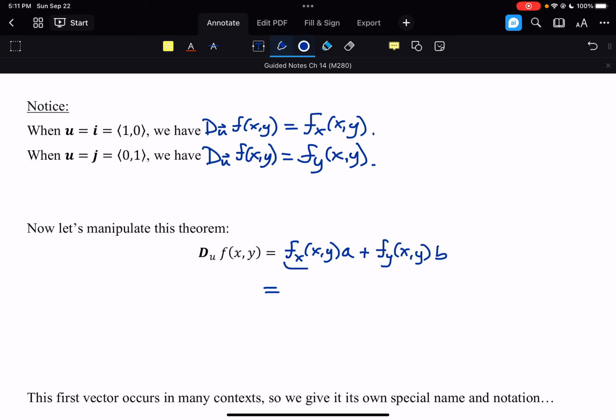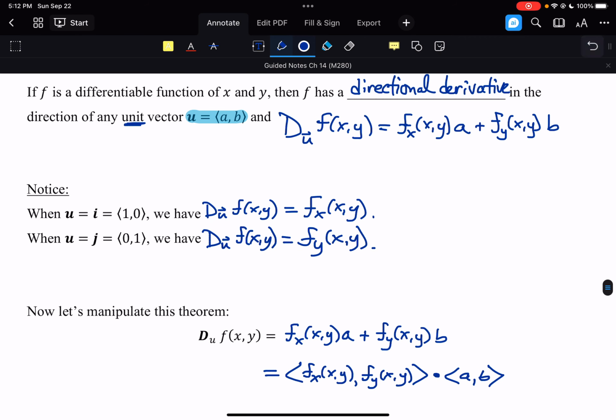If we had this times this plus this times this, that is the general format of a dot product. So if we considered a vector with fx and fy in it, we could dot that with a vector ab. That vector ab is just the vector u, the unit vector from back up here.